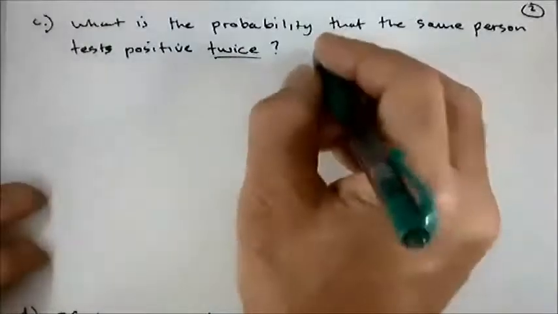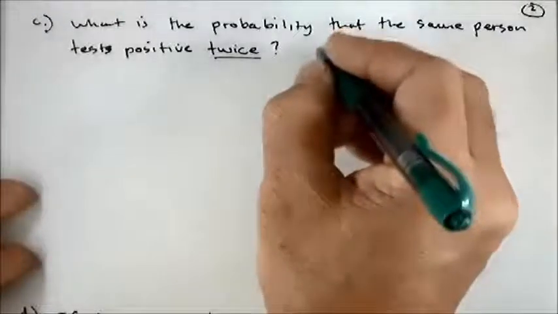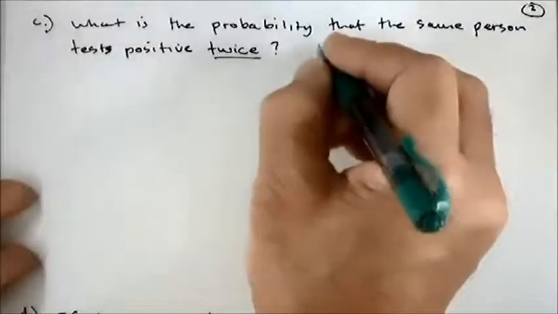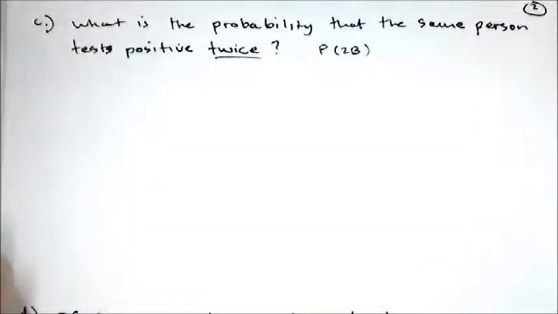And maybe we'll call this, since we had B in the previous one, the probability that they test positive, let's call this the probability of 2B, testing positive twice.